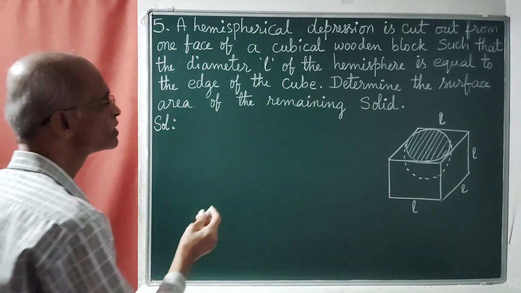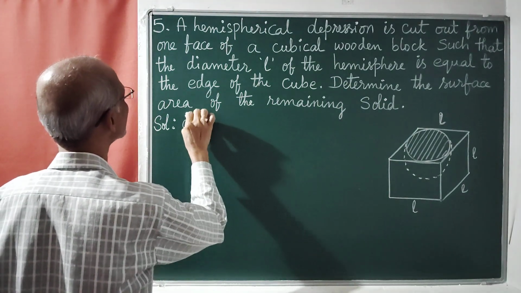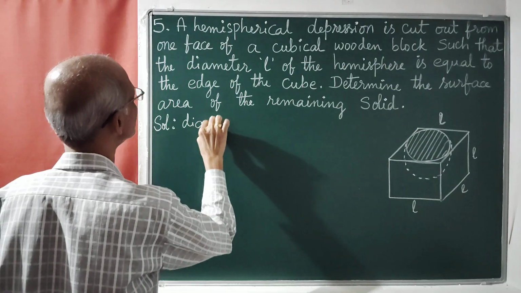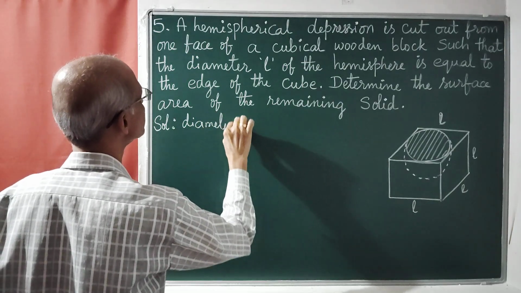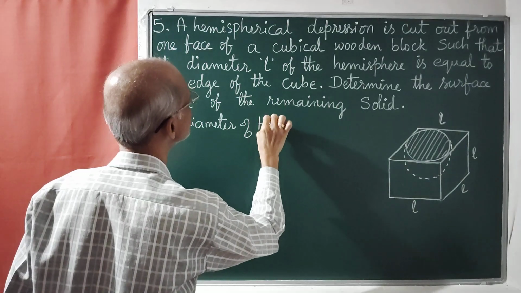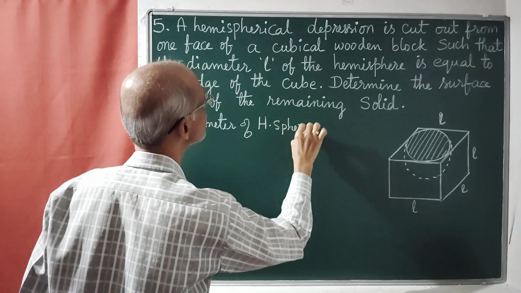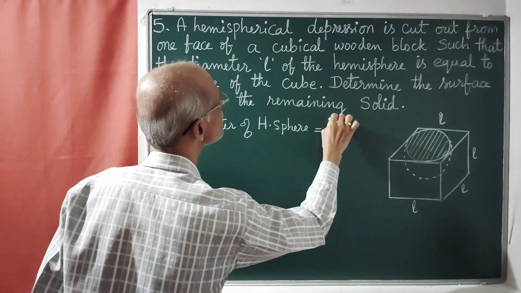So here the diameter of the hemisphere is equal to L. It is given.